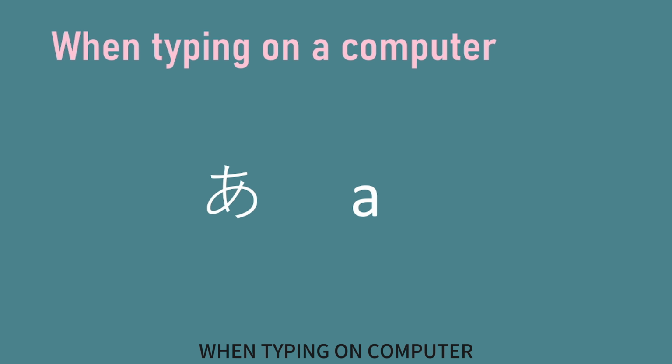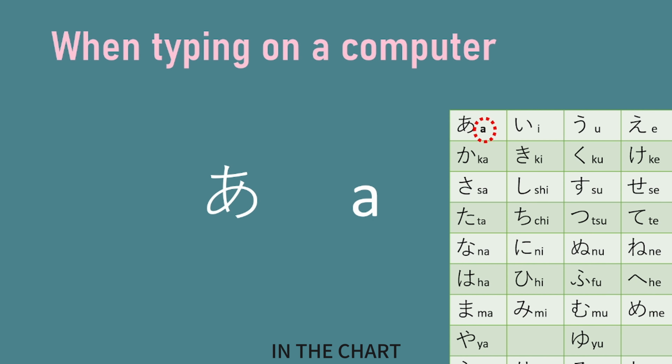When typing on computer, inputting an A will give you a, just like in the romaji in the chart.